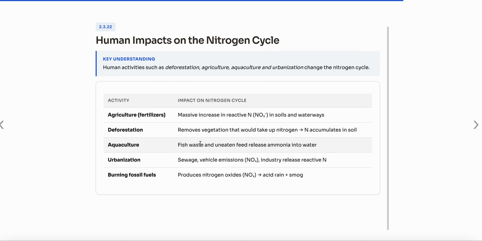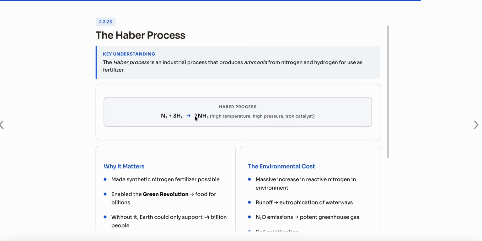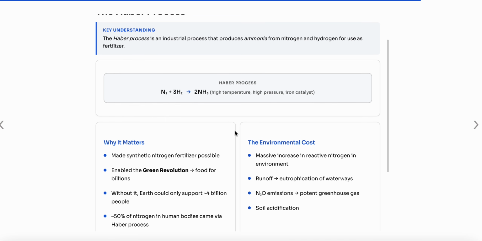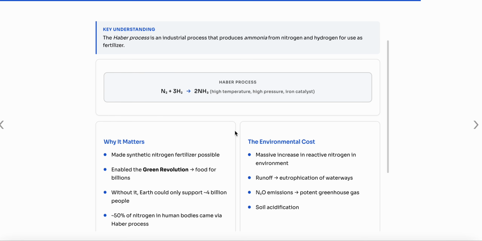Aquaculture releases ammonia. Urbanization again releases reactive nitrogen, and when you burn fossil fuel, it can result in the production of nitrogen oxide, which results in the formation of acid rain and smog. There are also industrial processes which produce ammonia from nitrogen and hydrogen for use as fertilizer.